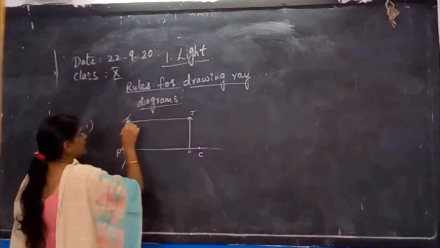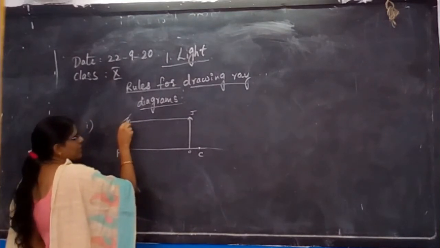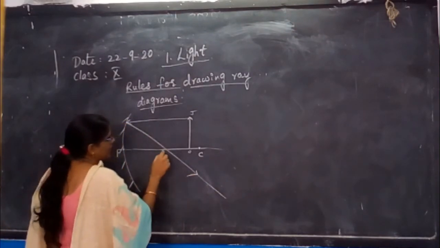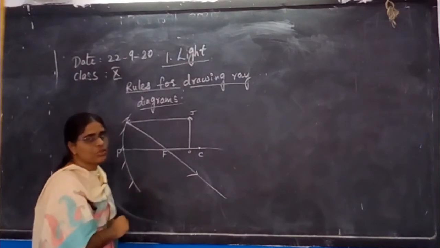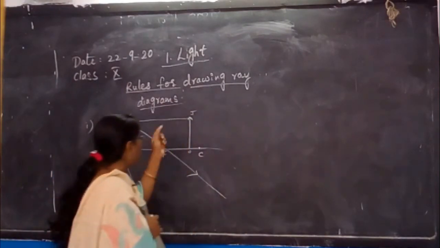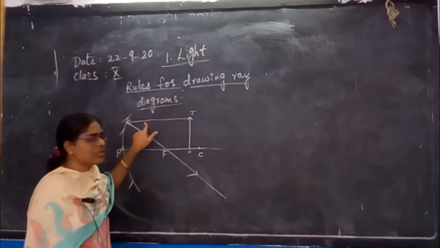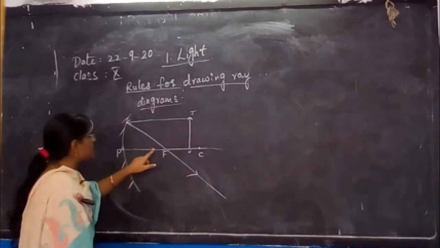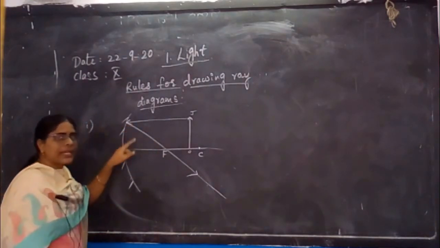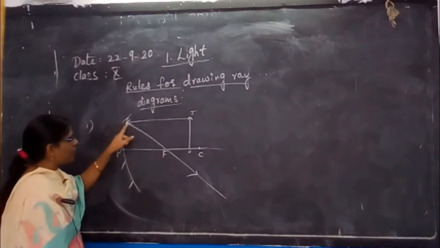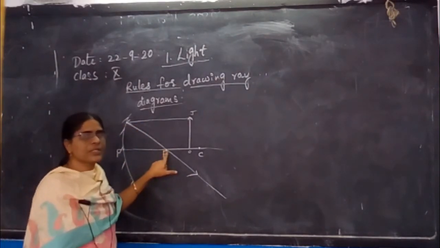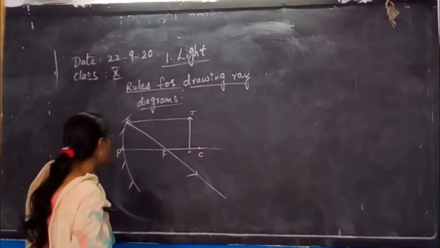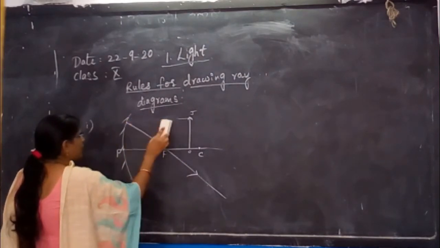Whenever a light ray is parallel to the principal axis, the reflected ray must always pass through the focus. You must remember all these rules in order to draw the ray diagrams.